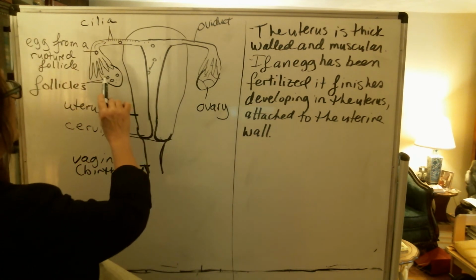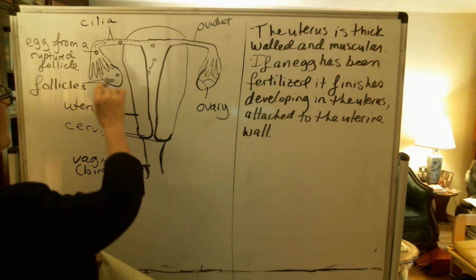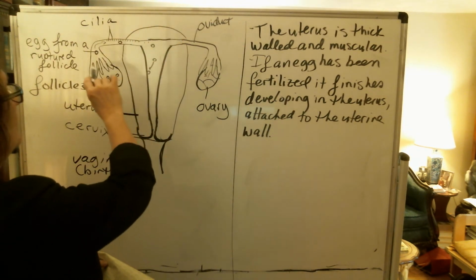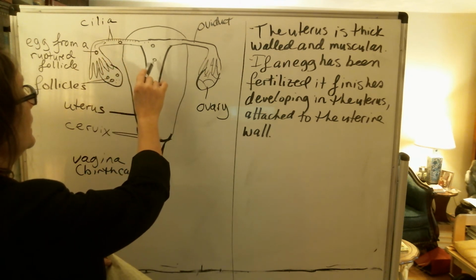So you can have an egg that manages to make it successfully out of the ovary without going astray into the abdomen, getting fertilized, making its way through the oviduct.